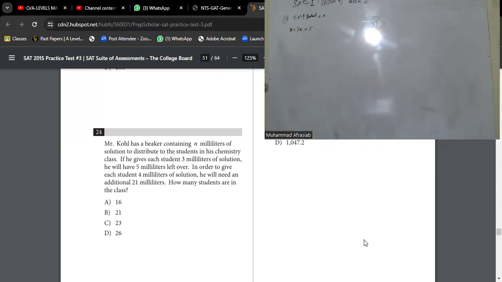For the second statement, if he gives them 4 milliliters, then 4x, and that should be equal to n minus 21.